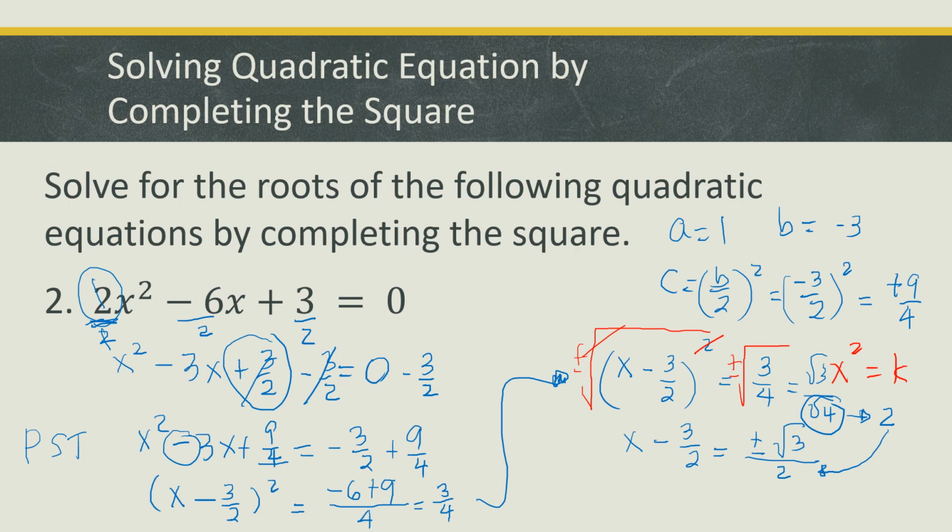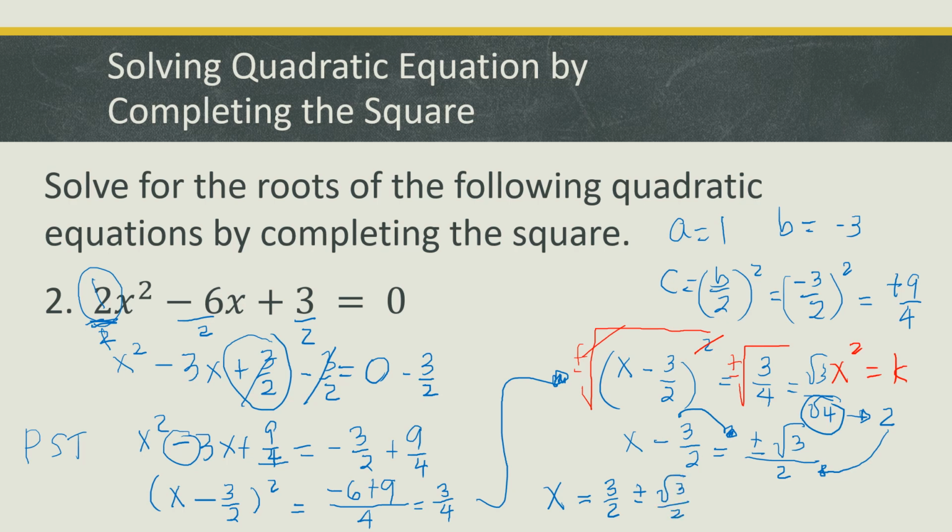So again, transpose negative 3 halves to the other side. We now have x is equal to positive 3 halves, as it becomes positive from negative, plus minus the square root of 3 over 2.